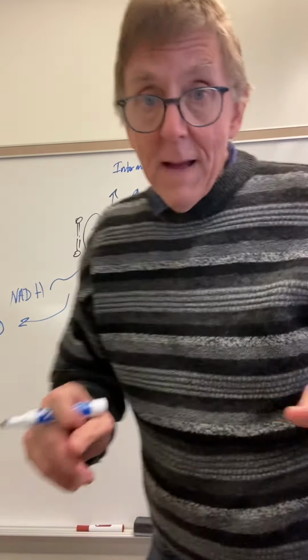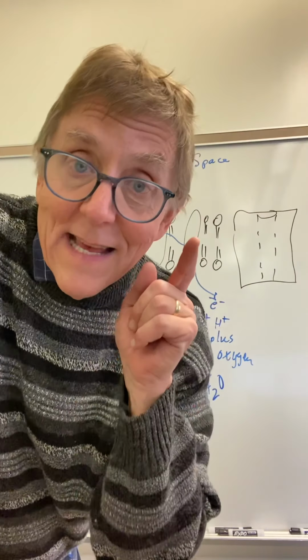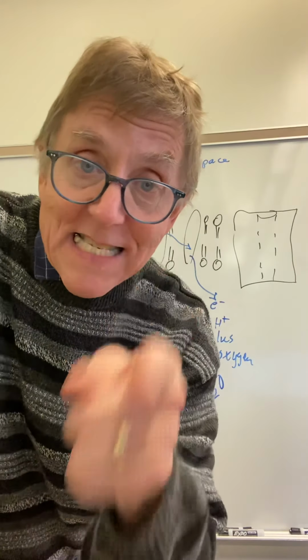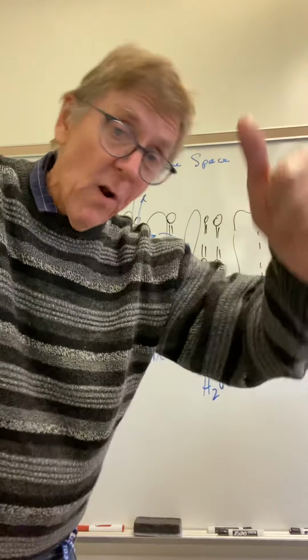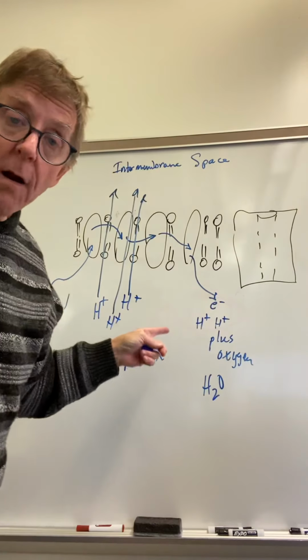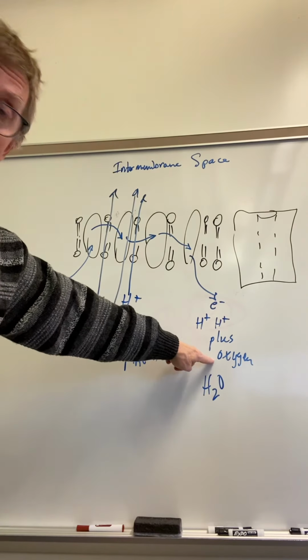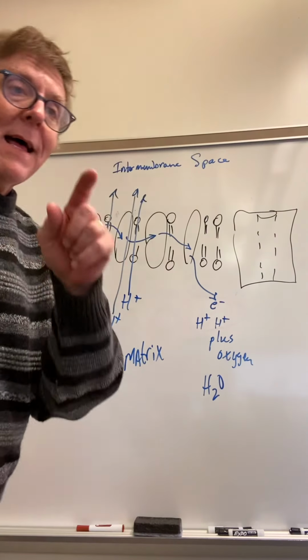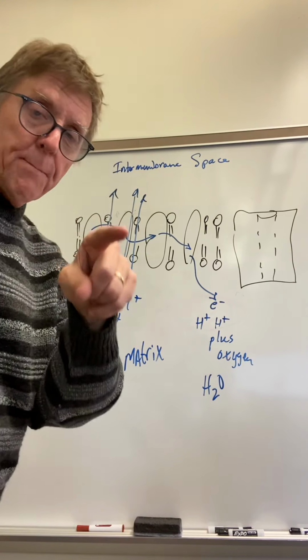Oxygen, listen to my words, oxygen is the final electron acceptor. It's critical for this process. None of that Krebs cycle and preparatory reactions would happen if we didn't have somewhere for the electrons to go. So oxygen is the final electron acceptor.